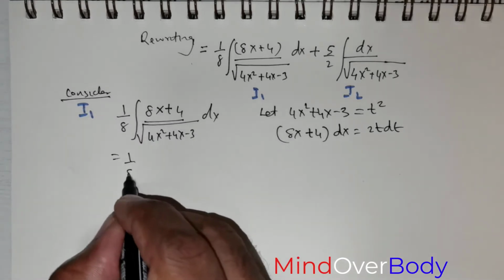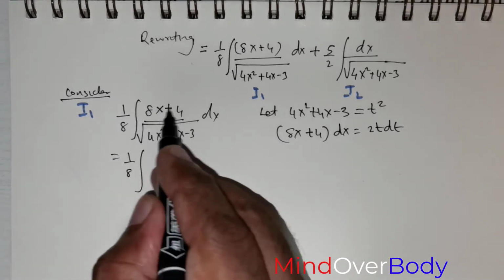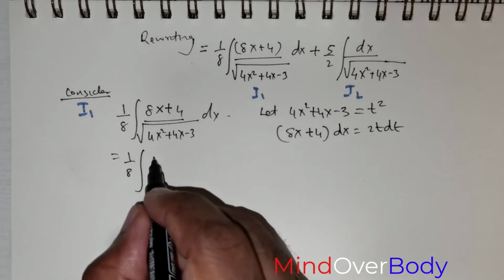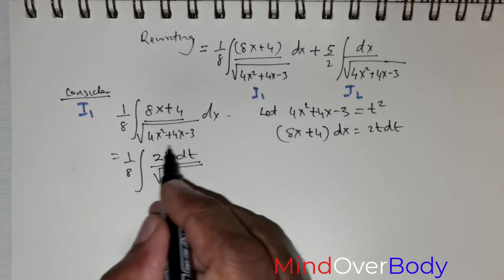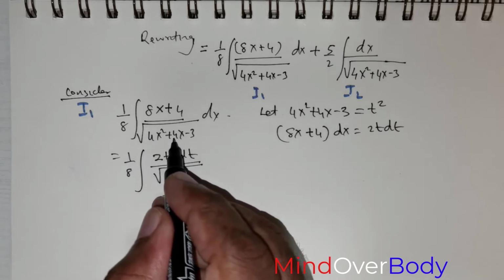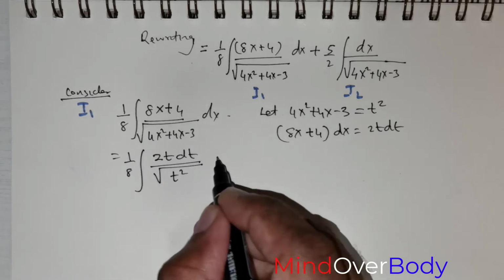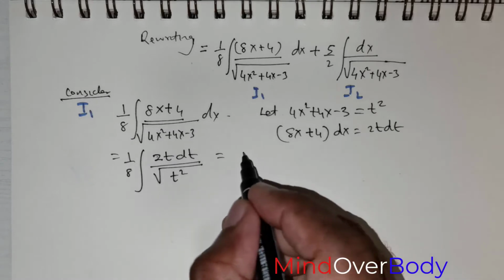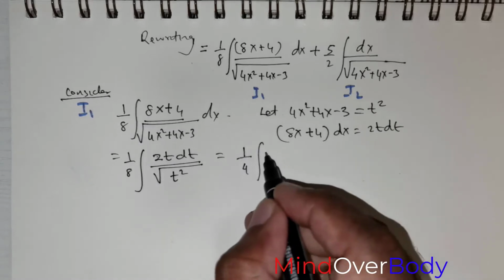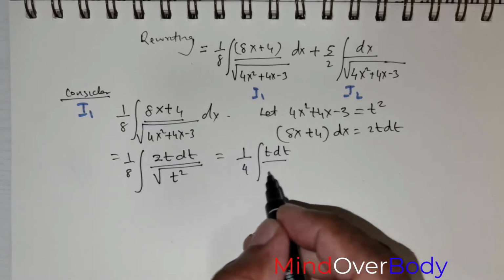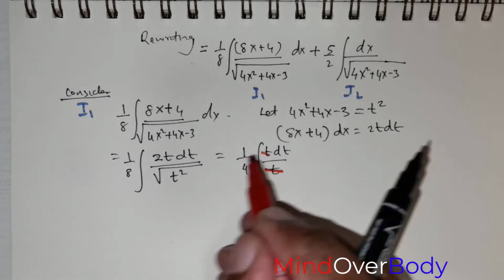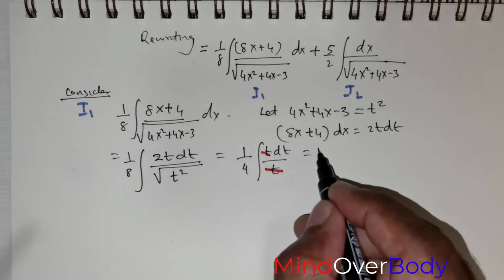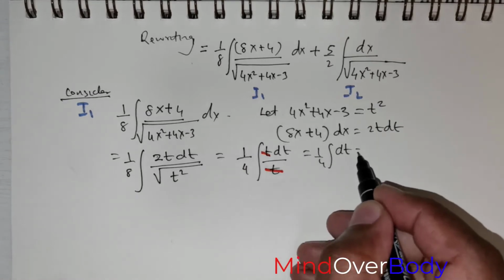So this can be rewritten as 1 over 8 integral. In the place of the numerator I will substitute 2 times t dt over root of, in place of 4x squared plus 4x minus 3 I will substitute t squared. 2 divides 8 four times, so it's 1 over 4 integral t times dt over root of t squared, which is t. I can cancel the t's here, giving me 1 over 4 integral dt.